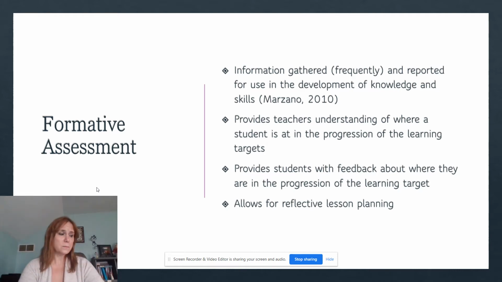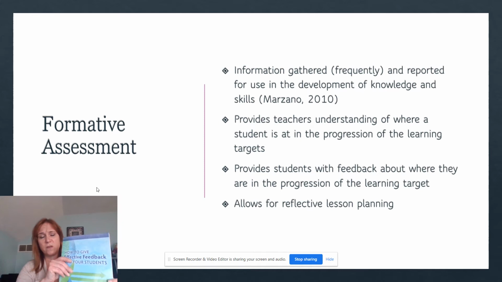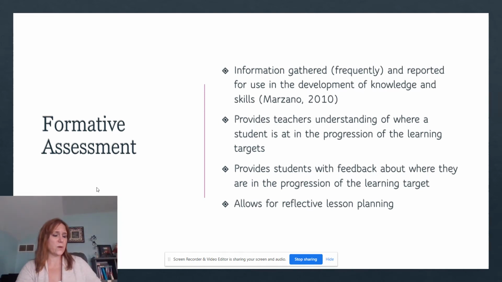And Marzano, in his book about feedback, or actually in Brookhart's book, How to Give Effective Feedback to Your Students, it's really important that that feedback is planned. It's not just a check mark.